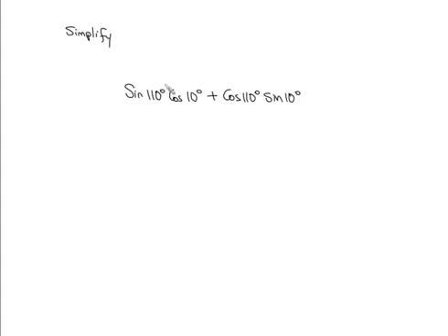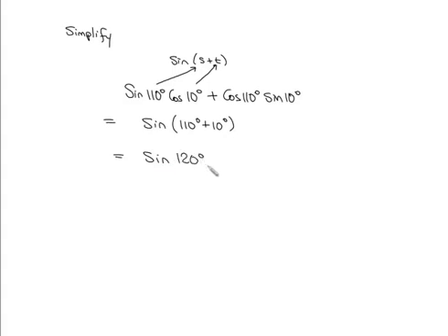But notice this is the structure of our sine s plus t formula, where s is our 110 and t is our 10. So this thing is really just equal to sine of s plus t. That now simplifies into sine of 120 degrees. And even though 110 and 10 were not unit circle values that we know, 120 is.